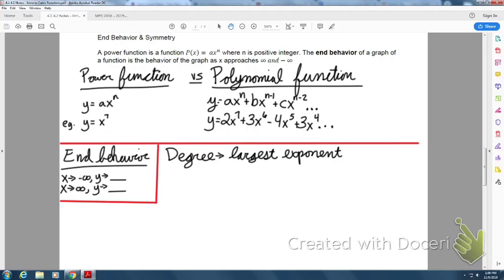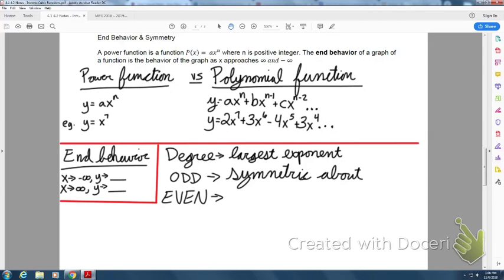Now, depending on whether that degree is odd or even, we're going to kind of talk about the symmetry between those two. An odd degree, so the x cubed we just talked about, those are going to be symmetric about a point. Okay, kind of what we just talked about, it was symmetric around the origin.